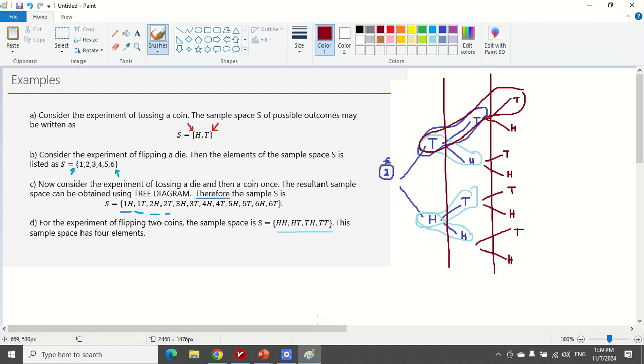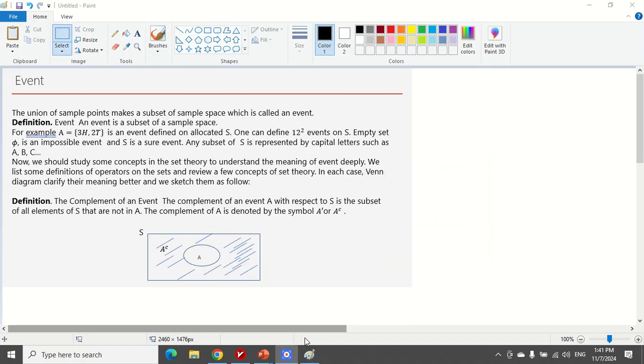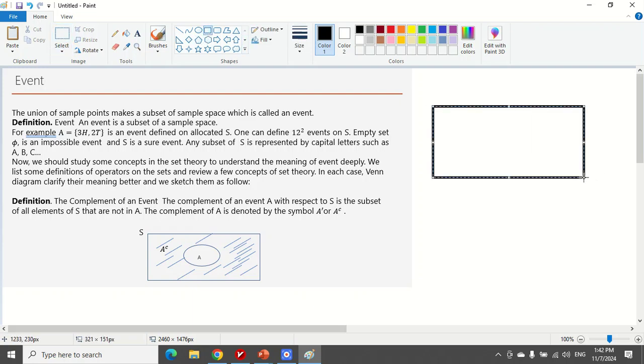Let us consider the next slide. As I said before, set theory is used to define some concepts in probability. Here, all possible outcomes can be considered in one set that we call the sample space.